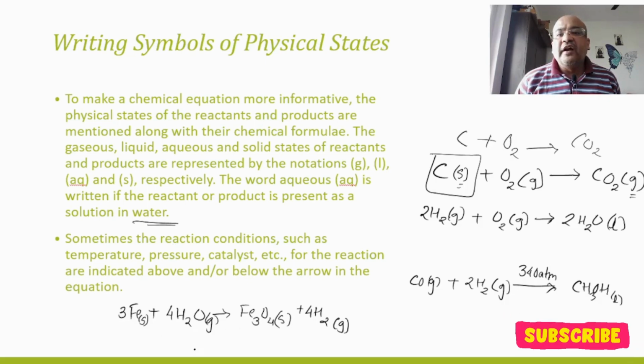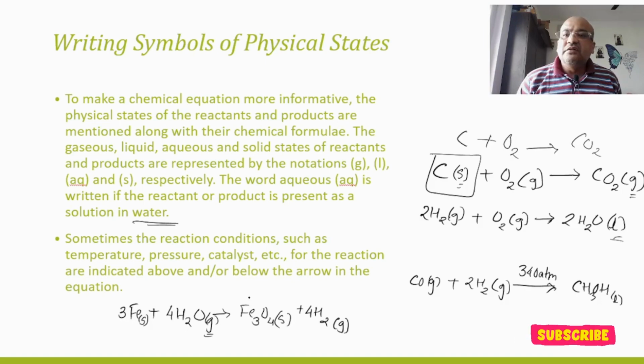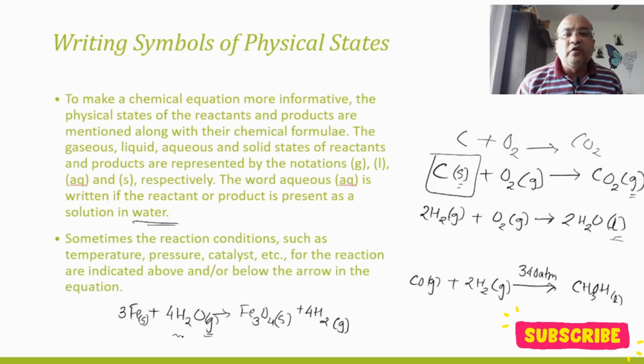You will find here that we have written water as liquid, and here you'll see it is g for gaseous. So there will be a confusion why we have written l here and g here. This is because water here indicates that it is in a steam form, so we have written g here. Then hydrogen is formed, it is in the gaseous form.